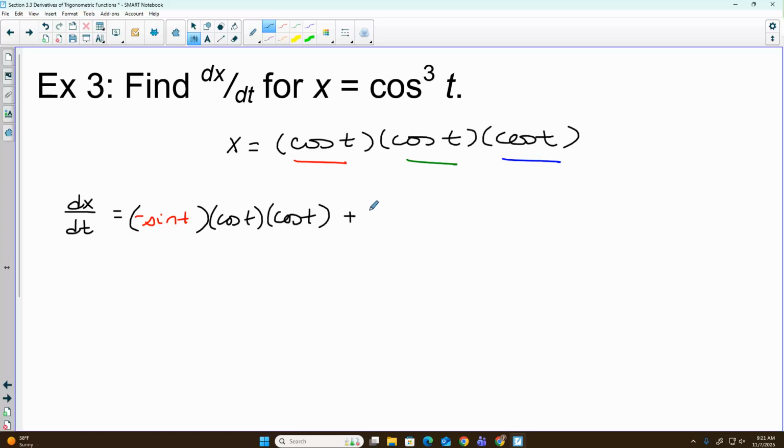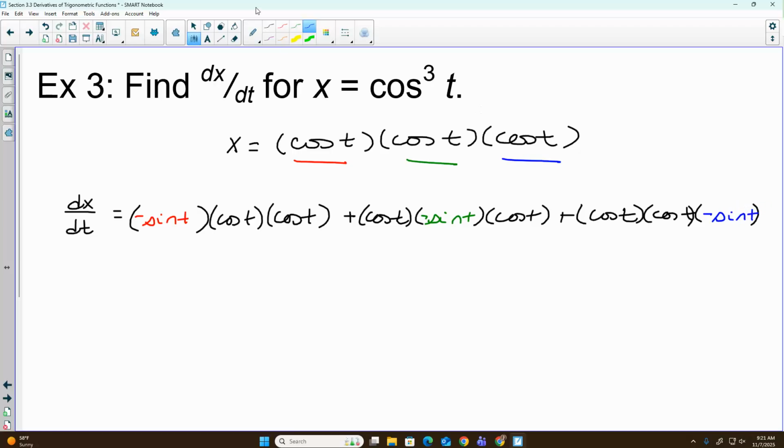Plus. Then we have to do the derivative of the middle one. So the first and the last stay the same. What's the derivative of the middle one? Plus. Now the first 2 stay the same. You're just doing the derivative of the last one. What's the derivative of cosine t? So we can extend the product rule for as many things as we need. You just only do the derivative of one at a time.